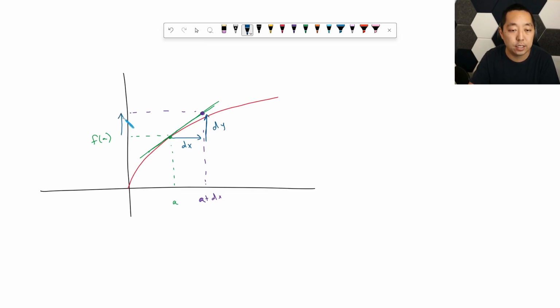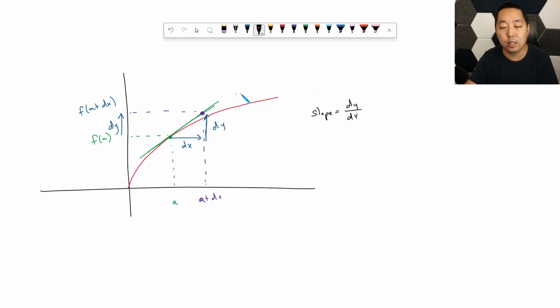So we call that distance there dy, and this is that f of A plus dx part, okay? That's that y value there. Now the slope, which is the derivative dy over dx, is the ratio of dy and dx here. So dy, we can treat as the spacing that we have from the original point to that point.